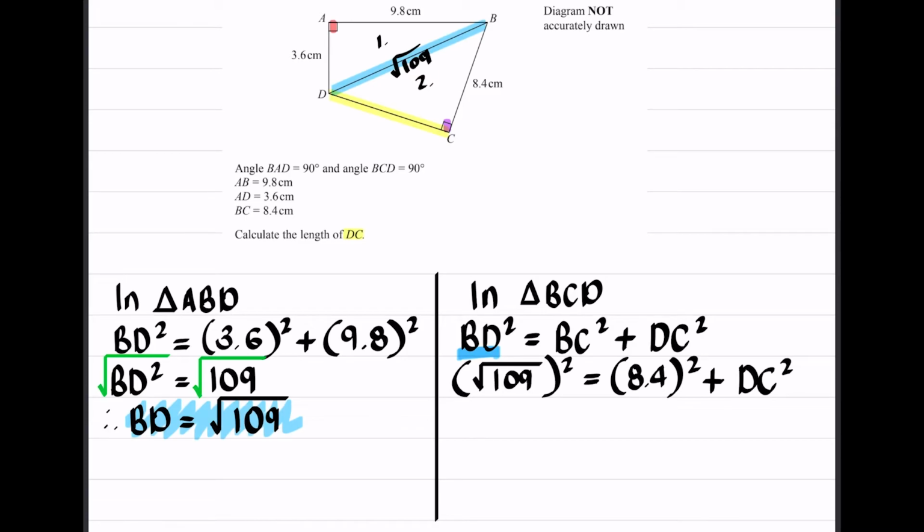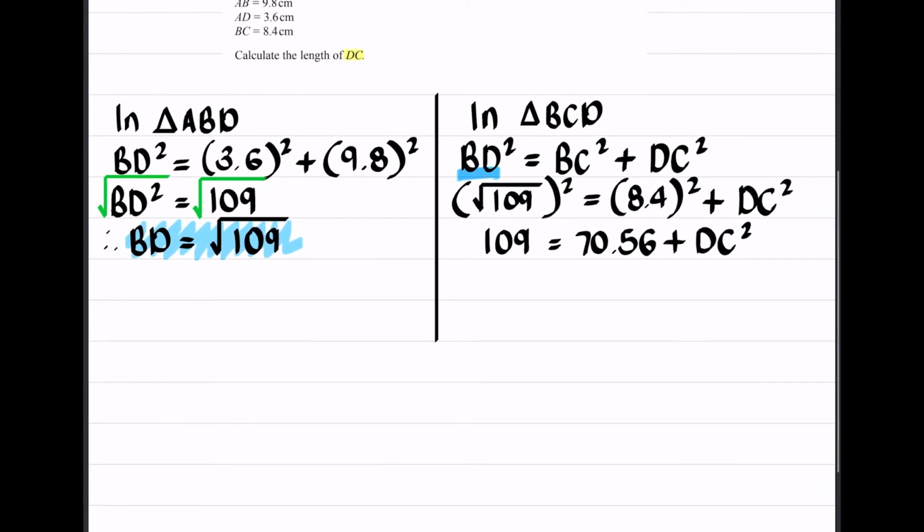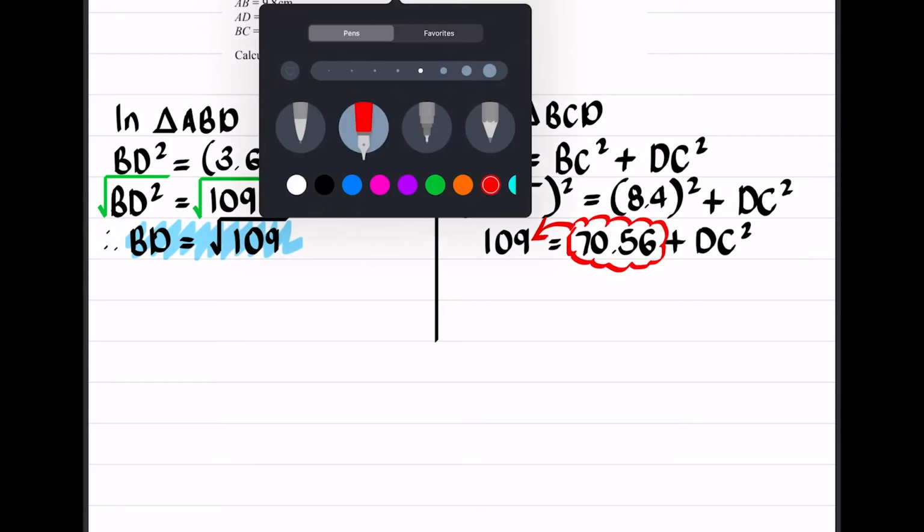So the square root of 109 squared is 109, equal to 8.4 squared, which is 70.56, plus DC squared. But I want to get DC by itself, so in order to do that, I'm going to take the 70.56 across the equal sign.